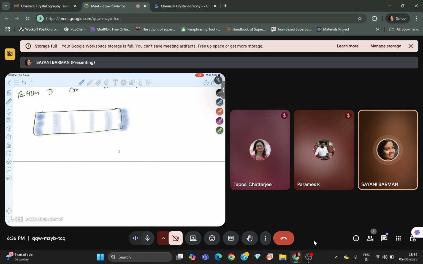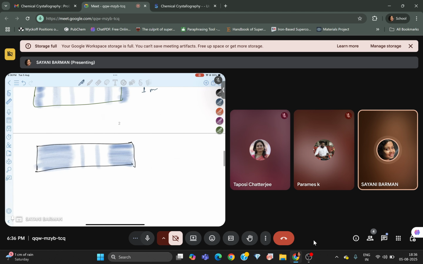Now, if the slit is wider, it will be visible like this. Let's say this is 1 meter, or not meter, it should be very small, but I'm just giving an example, and let's say this is 3 meters.